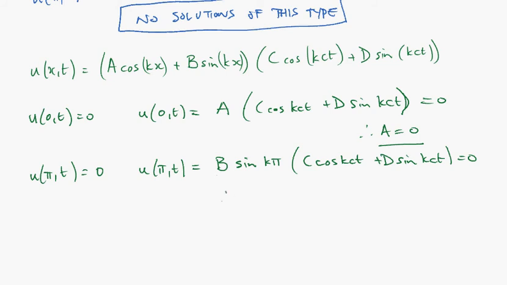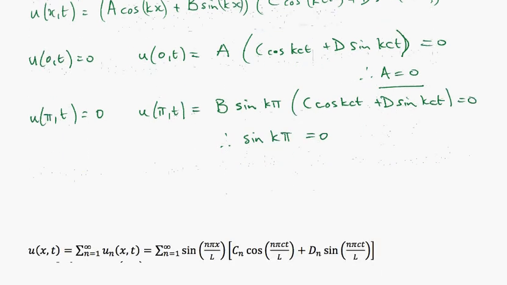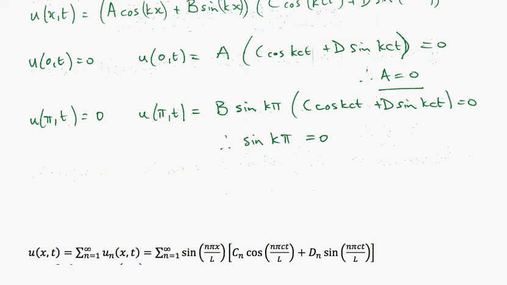So the only thing that's left for non-trivial solutions is that sine(k pi) equals 0. Now, solutions for this are anything as long as k is equal to n. So solutions are k equals n, where n is 1, 2, 3, lots of them.